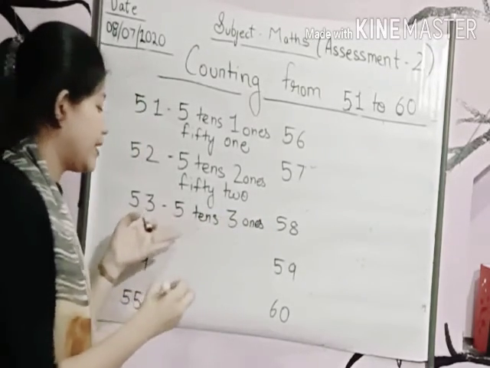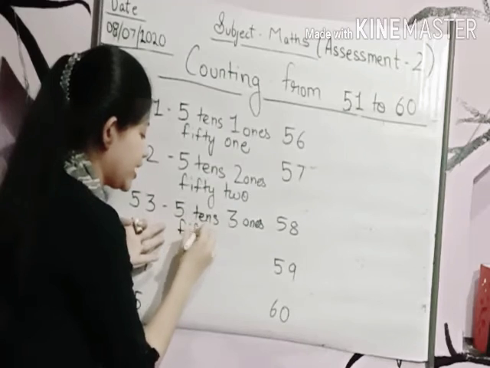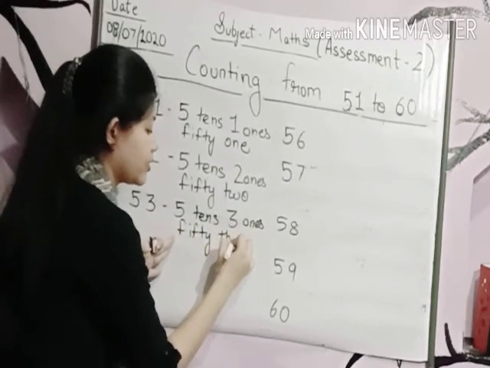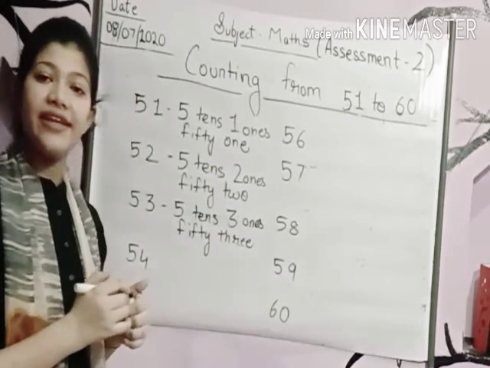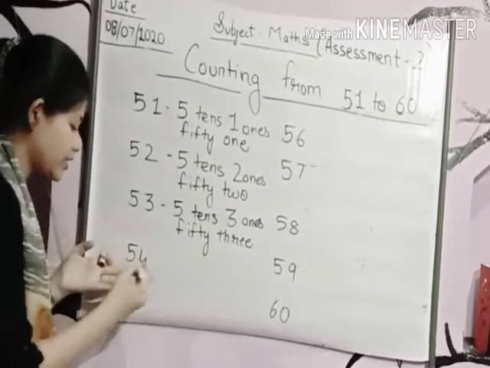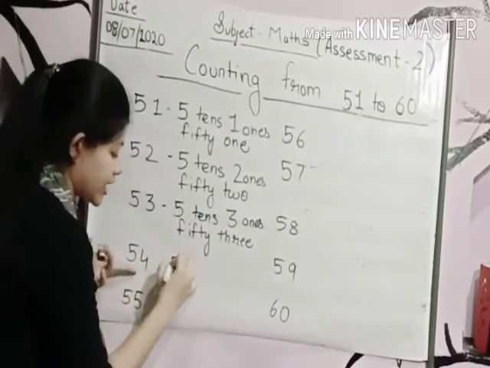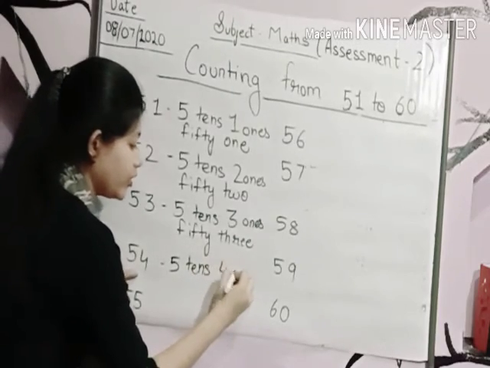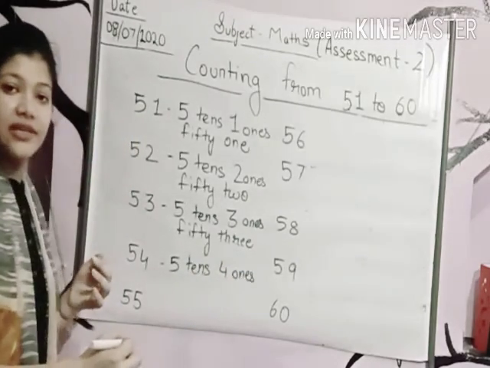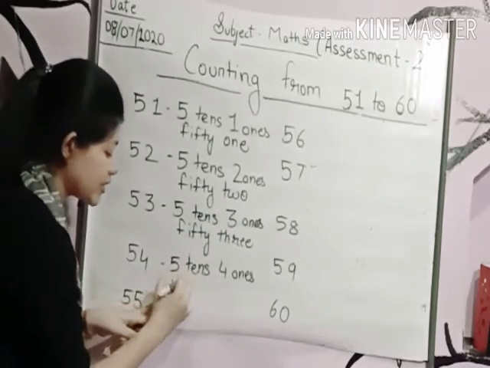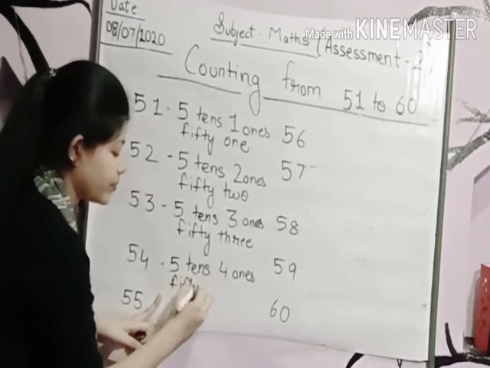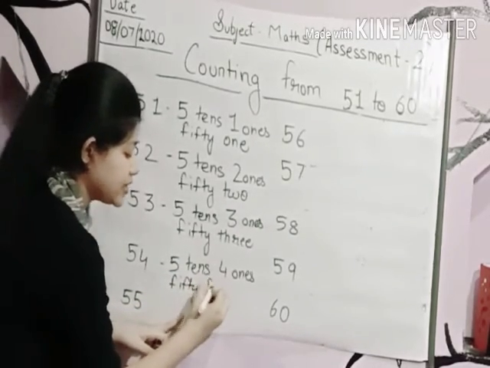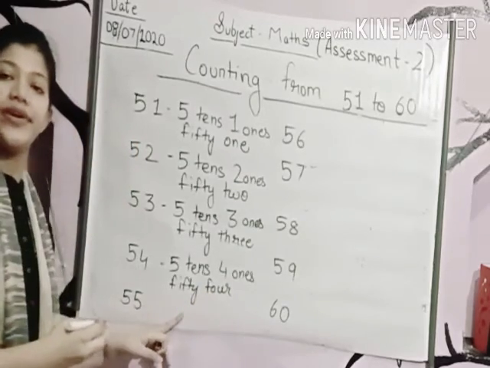Yes, which can be written as 53. Yes, now let's come to next number 54, which can be written as 5 tens and 4 ones. Yes, where 5 tens means 50 and 4 ones means 4.